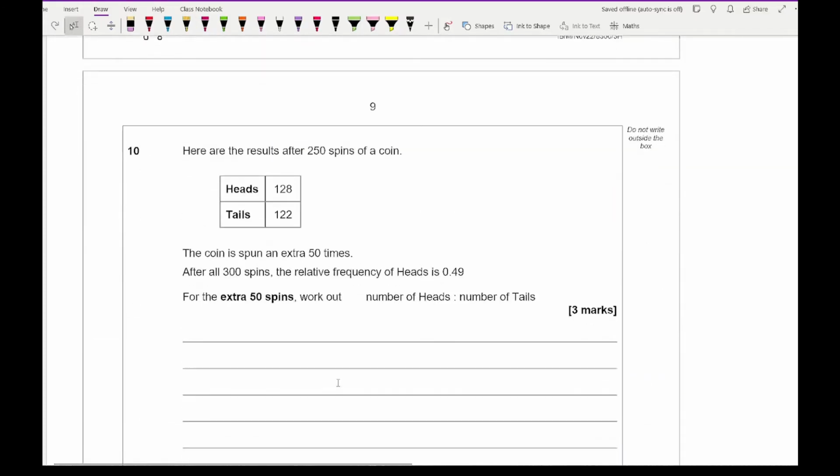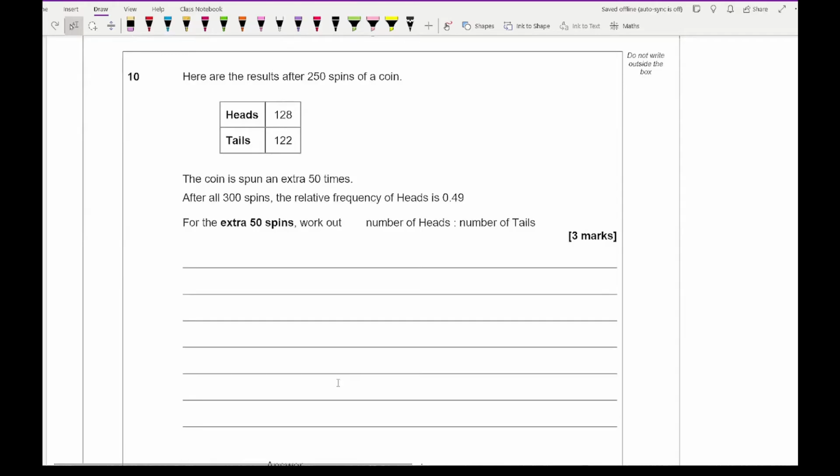Then moving on to question 10, it says here are the results after 250 spins of a coin. The coin is spun an extra 50 times. After all 300 spins, the relative frequency of heads is 0.49. For the extra 50 spins, work out the ratio of the number of heads to the number of tails.